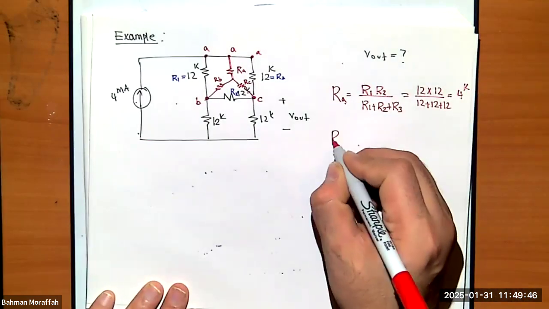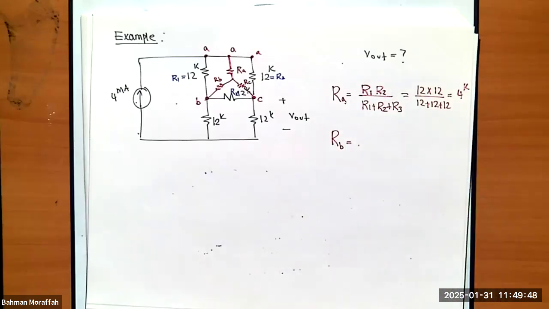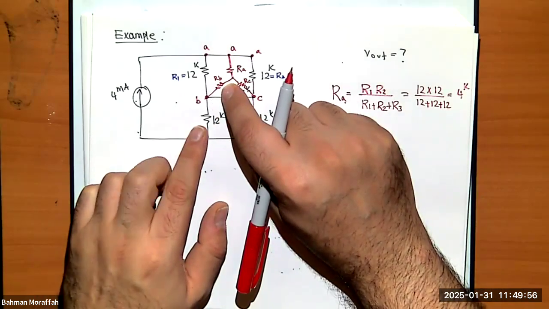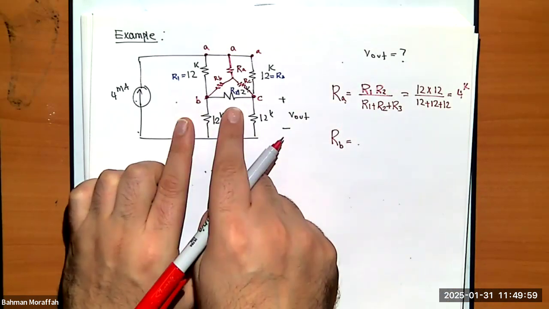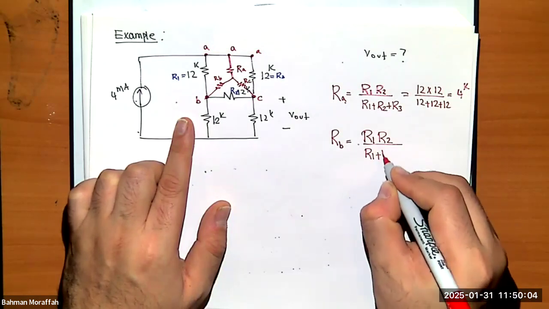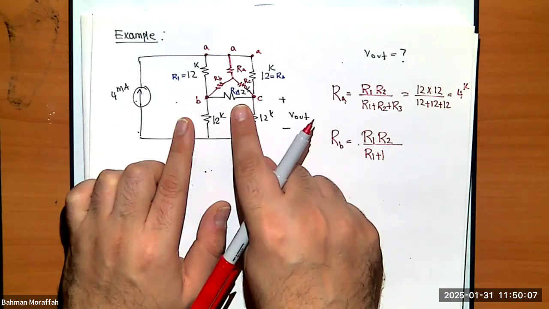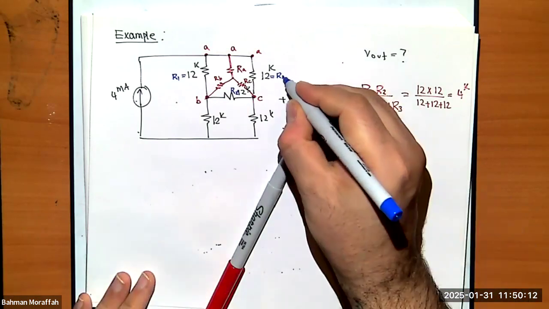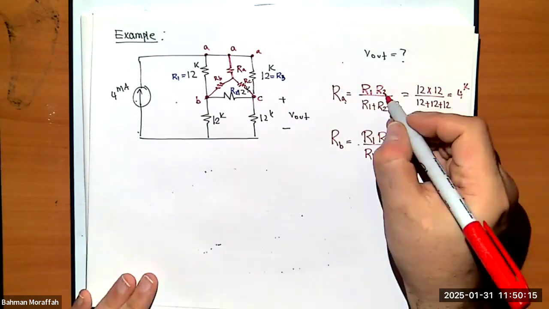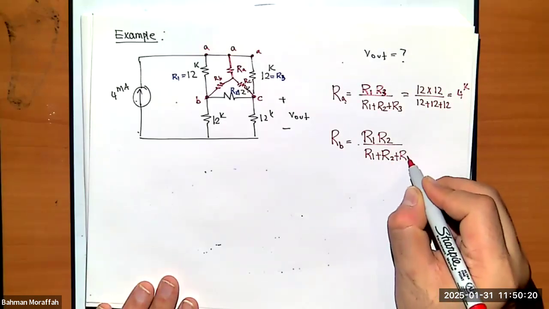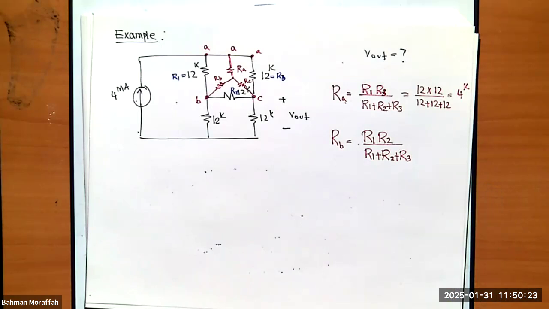How about RB? If I want to find RB, what is the formula for it, given this configuration? I want to find this guy. What is it? It's R1 and R2, so R1 R2 divided by R1 plus R2 plus R3, right?